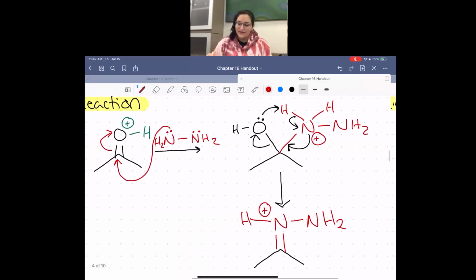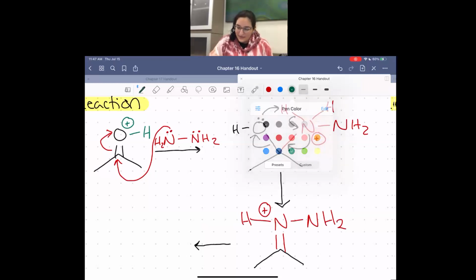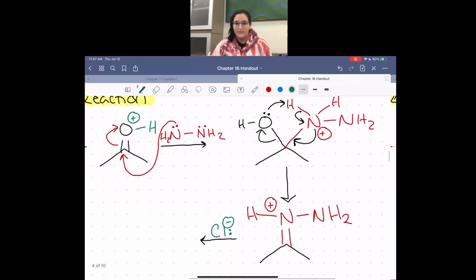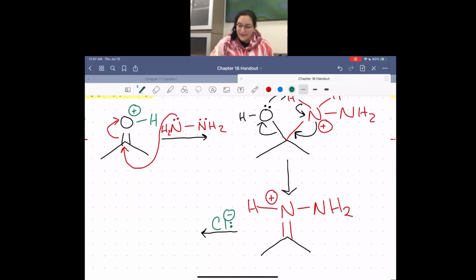So once we have this, we have that pesky plus charge, and everyone please remind me, what's the easiest way to get rid of a plus charge? Deprotonation, exactly. So we deprotonate, and we end up with our product.